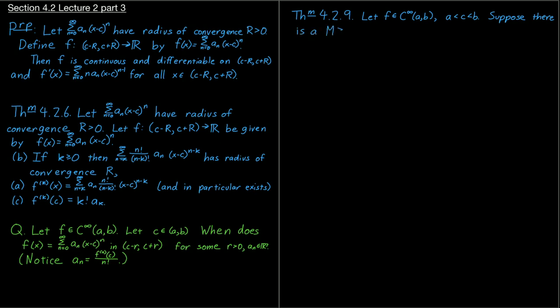And let's suppose that there is a positive real number m such that if you take the supremum over all points in your interval, and you also take the supremum over all non-negative integers k, of the absolute value of f to the k of x over m to the k, so it's okay if your derivatives grow, it's even okay if your derivatives grow like a power, let's suppose this is finite.